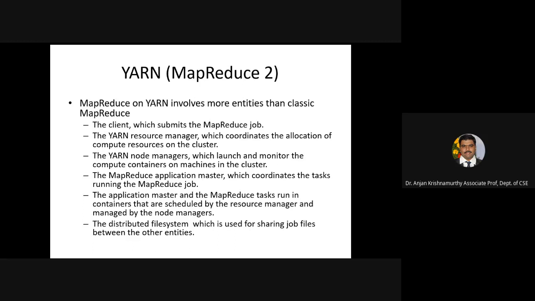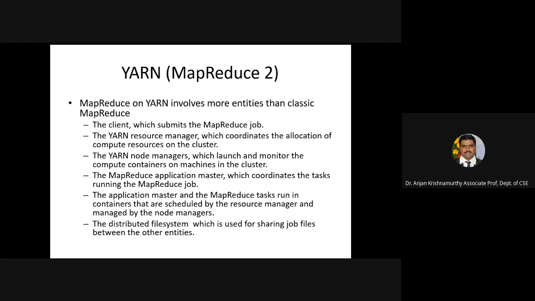So MapReduce on YARN involves more entities than the classic MapReduce. What are the items that it involves? It involves a client that submits the MapReduce job. It involves the YARN resource manager, which coordinates all the resources on that particular cluster. It also has YARN's node manager, which launches and monitors the containers where the execution is happening.